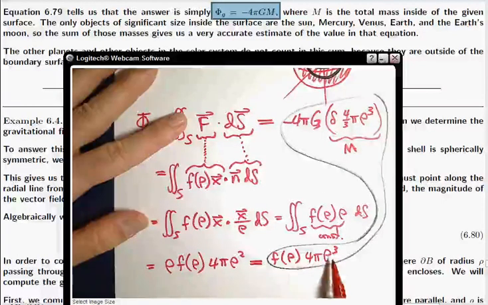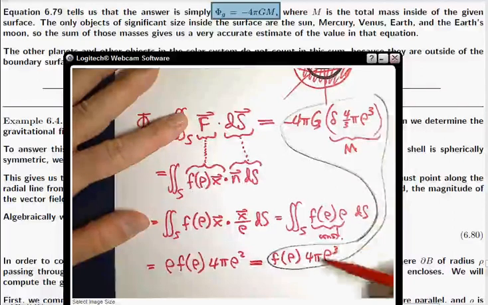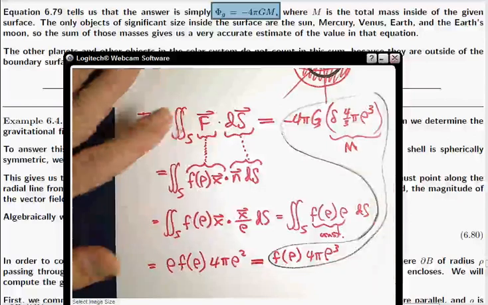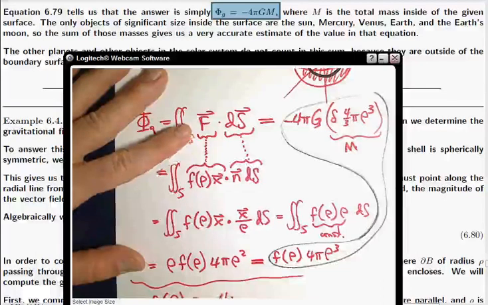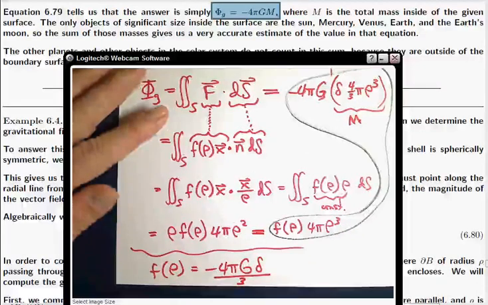When we solve for f of rho, see that rho cubed is going to cancel with that rho cubed. That pi is going to cancel with that pi. That 4 cancels with that 4. And altogether, I get just f of rho equals negative 4 pi g delta over 3. I'm sorry. Yeah. Is that cool?